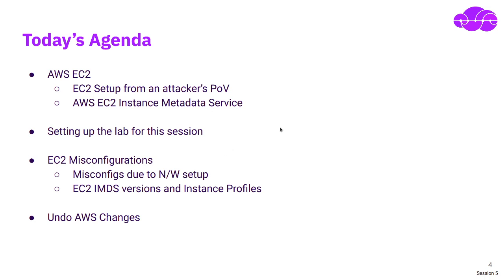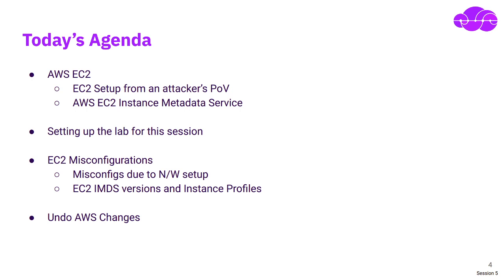What we'll cover today: we're going to talk about EC2 from an attacker's perspective, the way I see it when it exists within AWS. I'm also going to talk about how it interacts with other services within AWS and how that is manifested through internal AWS services. The most popular aspect of EC2 for attackers is to gain access to what is called the instance metadata service.